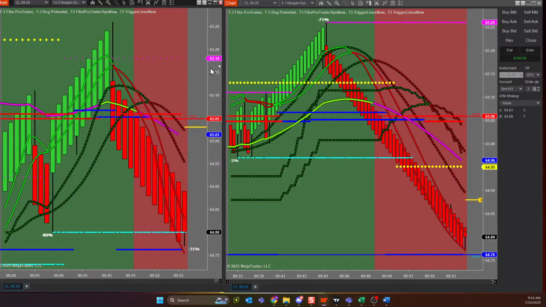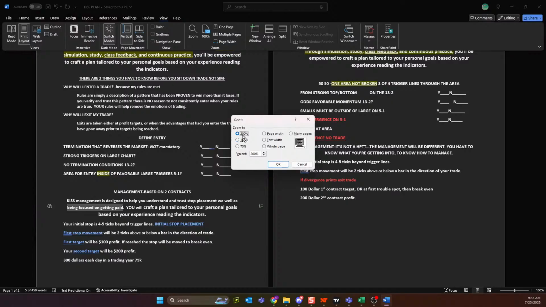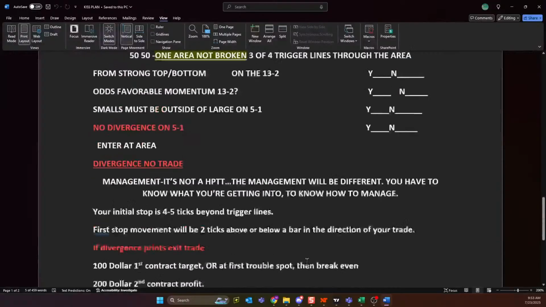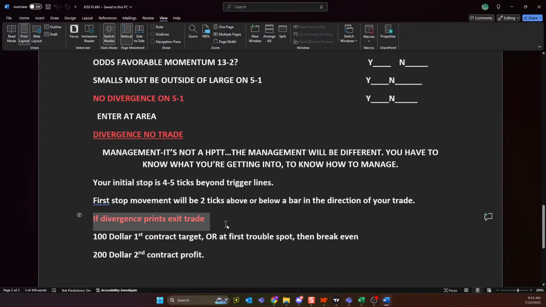3 triggers through. Divergence on a 50-50 trade is the biggest killer of a potential break trade. So much so that it says no divergence on the 5-1, that it reminds you divergence no trade, and even in the management, if divergence prints, exit the trade.